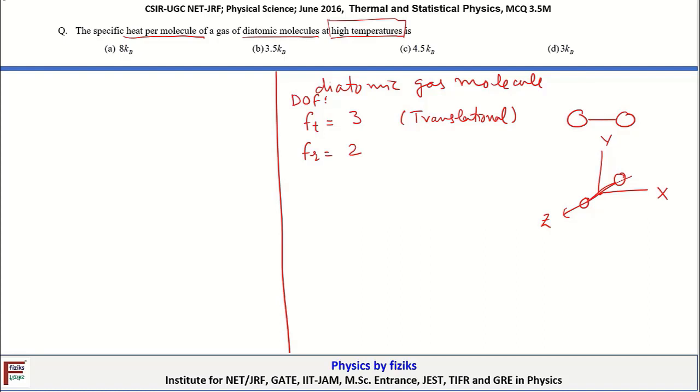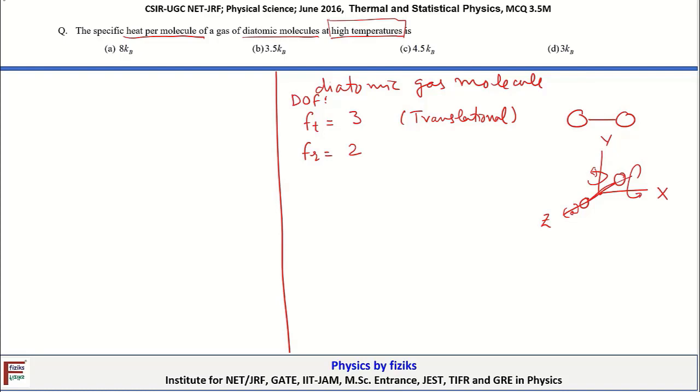The rotational degrees of freedom arise because the molecule can rotate like this, or it can rotate along this axis. But rotation around its own axis doesn't come into the picture, because the moment of inertia there is quite small, and the corresponding energy which is required to activate this mode is quite large, and that's why we usually take only 2 rotational degrees of freedom.